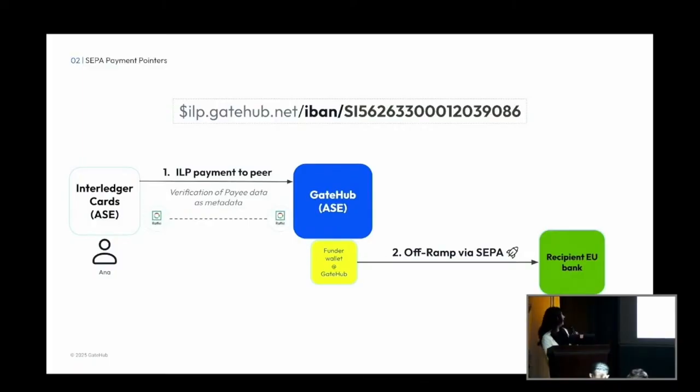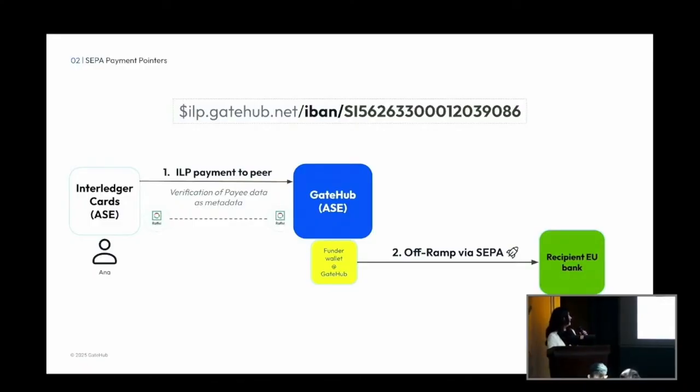In the scheme, Anna is starting with Interledger Cards and is just triggering an ILP payment to the Interledger direct peer, GateHub. This is already supported, but we did need an additional step, and the team at Interledger Cards was very nice to support this very quickly. They need to send us additional metadata to support the verification of payee step, which has been in action as a regulatory thing since the beginning of October.